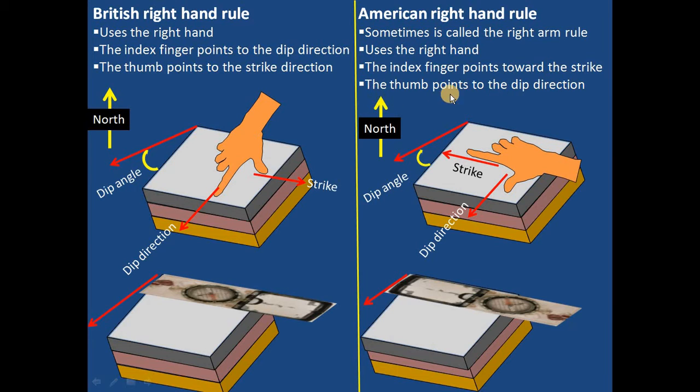The thumb points towards the dip direction. You see this, the thumb here points towards the dip direction. So in the American right-hand rule, if I'm using the Suunto compass, you see the Suunto will point towards the strike, which means, let me see in plan.